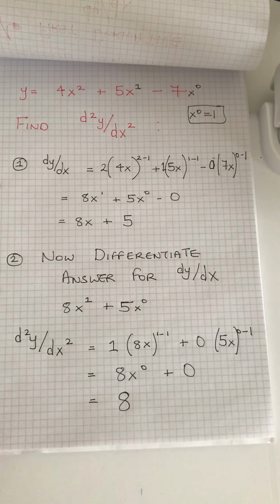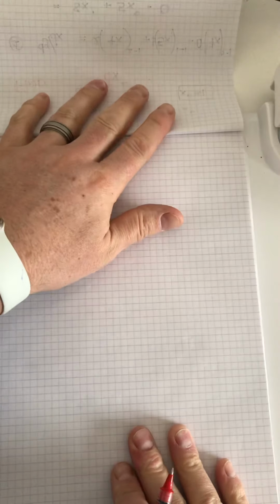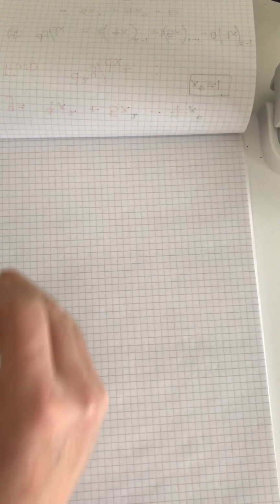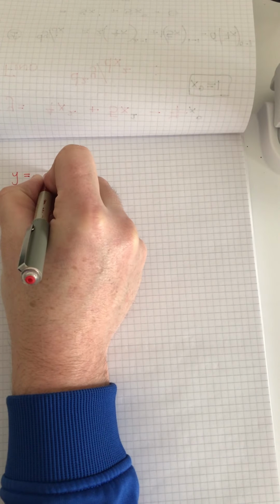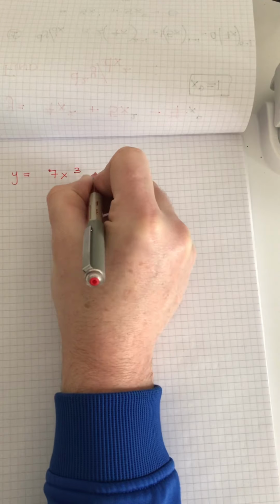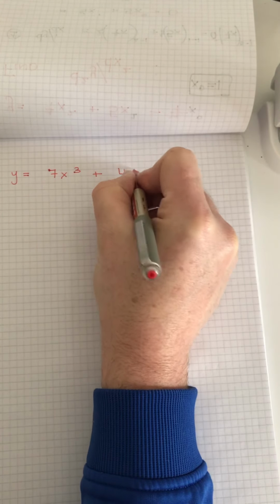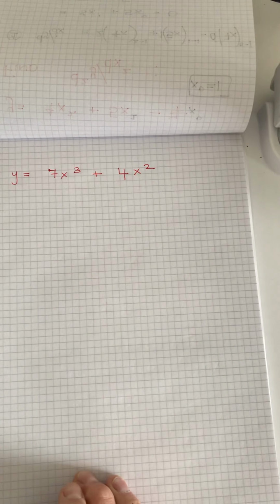Okay. Example 2. Y equals 7x cubed plus 4x squared. Okay.